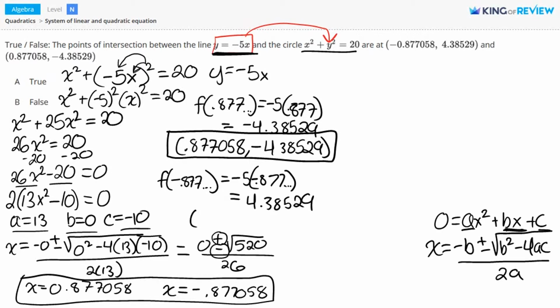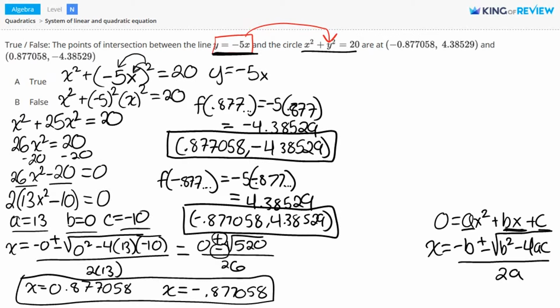So we have a point of intersection at negative 0.877058, 4.38529. And here is our second point of intersection. You can see that these match the points that are given in the problem, so this is true.